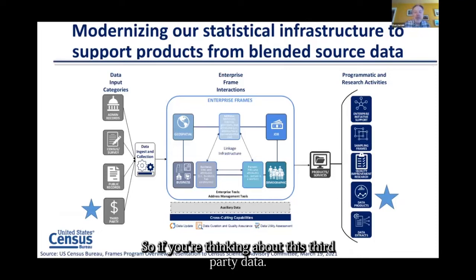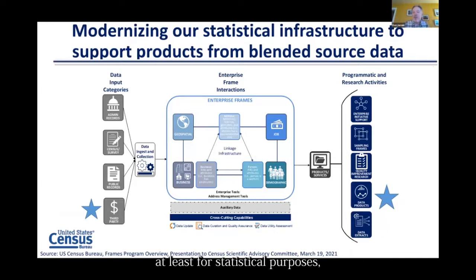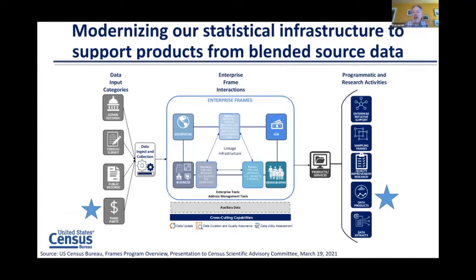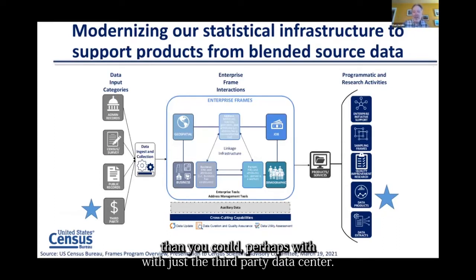If you're thinking about this third-party data, and you see that little star over there on the left, at least for statistical purposes, the Census Bureau can get that data, bring it through this curated environment, blend it with other information, and then be able to produce more reliable statistical information than you could perhaps with just the third-party data sitting there.